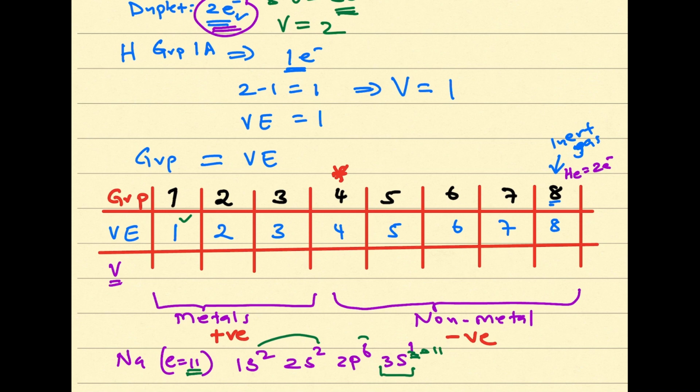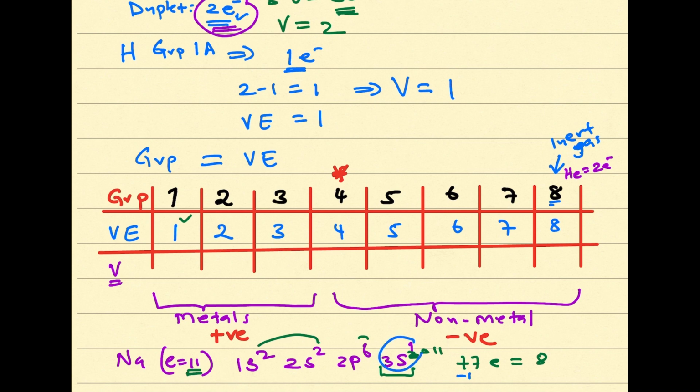But how many bonds does it form? Now, look at this outer energy level. It has only 1 electron, and we have 2 options. Either we add 7 electrons to become 8 for the octet rule, or the other option will be to lose 1.